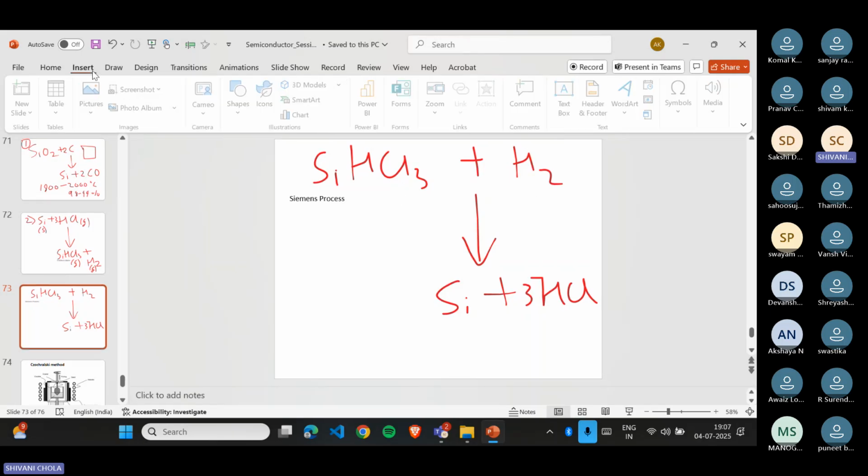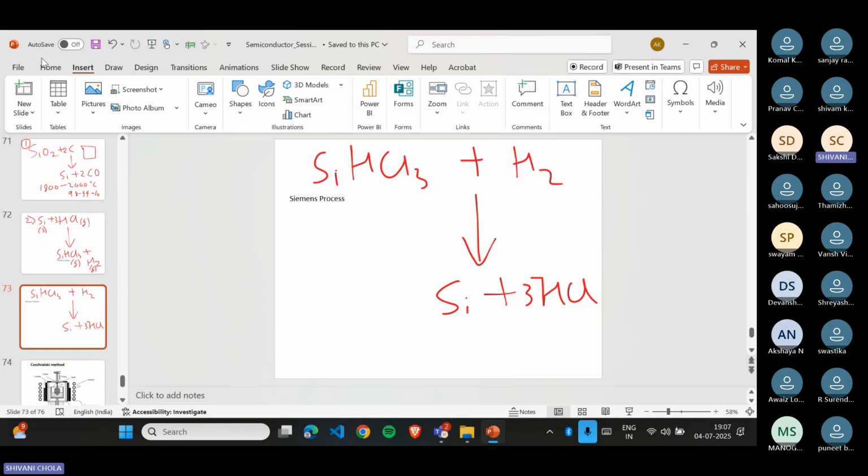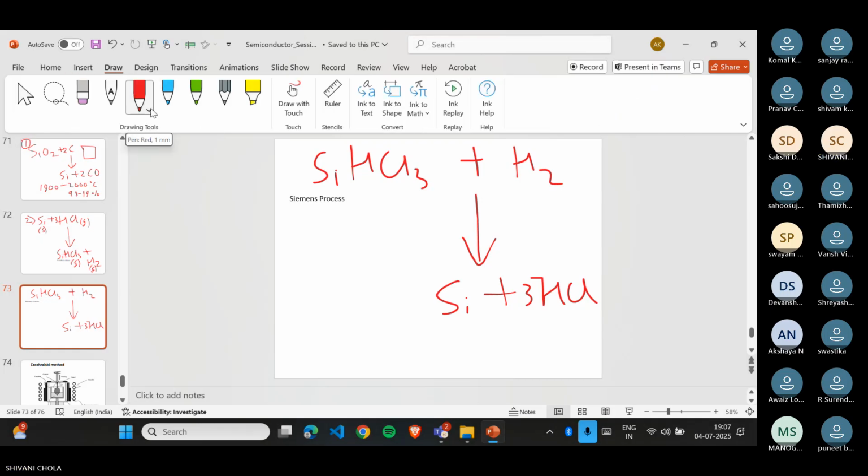And this silicon, guys, is very pure silicon, around 99.99, something like this, of purity. But my friend, even till this point, we do not stop and we go further. Why?